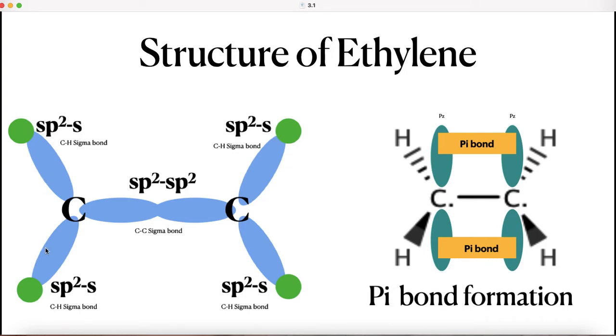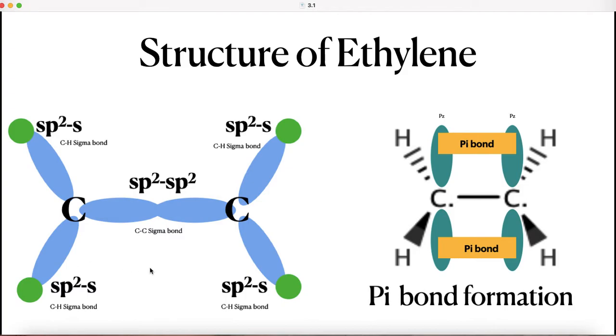The remaining two sp2 hybrid orbitals of each carbon, in the case of ethylene, overlap with the 1s atomic orbital of hydrogen. It leads to the formation of the C-H sigma bond. All the sigma framework of the ethylene molecule is in a single plane.